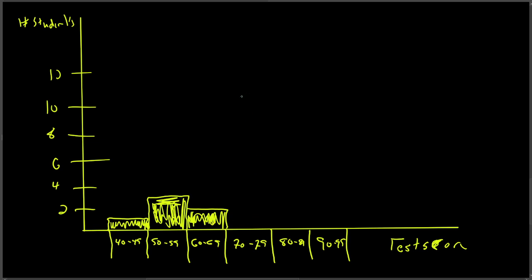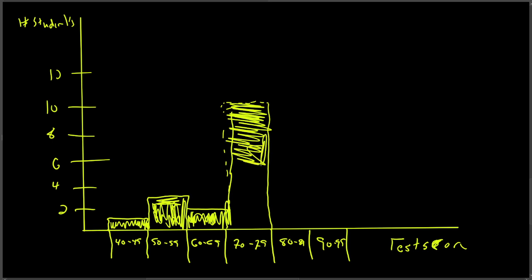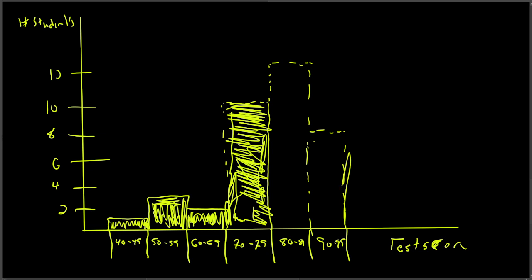And we had 10 students score here. So I'm going to color that in. And we had 12 students score here. And 8 students score here. And so this is what a histogram looks like.